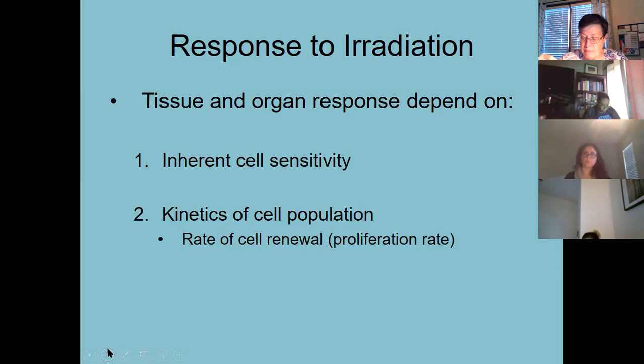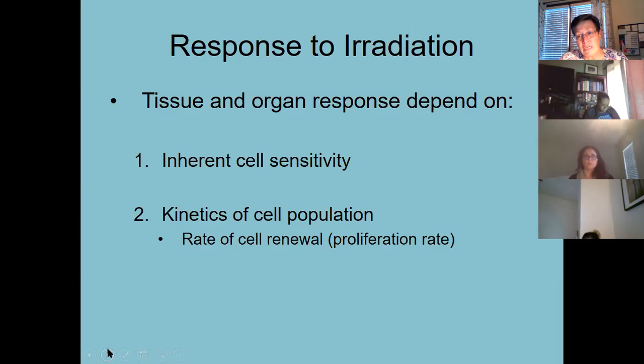So if we think about the different cellular compartments, the stem cell compartment, the differentiating cell compartment, the functional cell compartment, the stem cell compartment is going to be much more sensitive to radiation damage. Why? Because it's poorly differentiated and rapidly dividing.